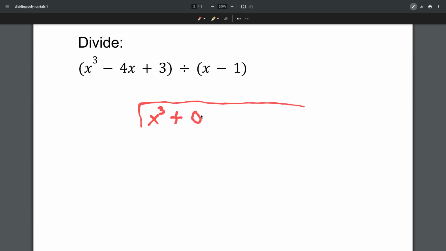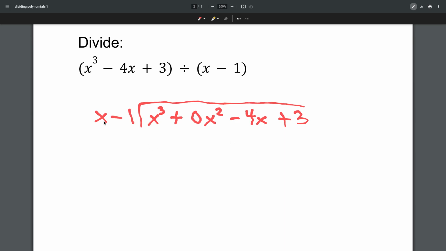So I'm going to put plus 0x squared. Okay, then I'm going to put minus 4x and then plus 3. And we're dividing that by x minus 1.